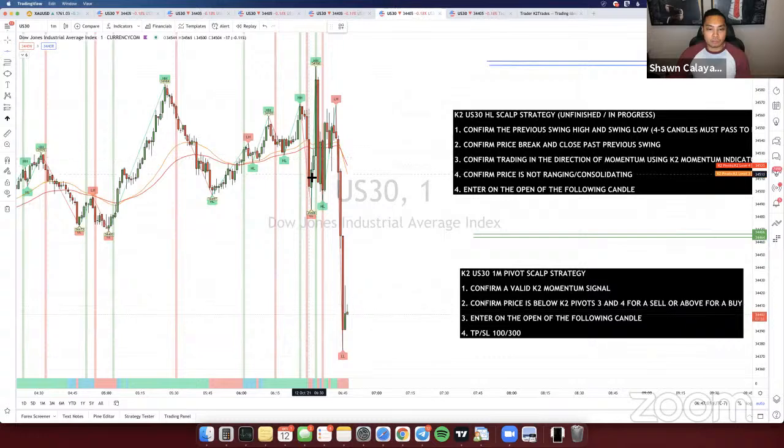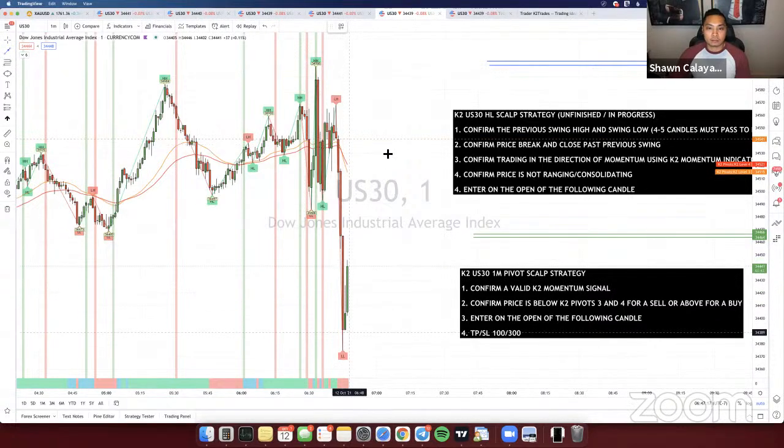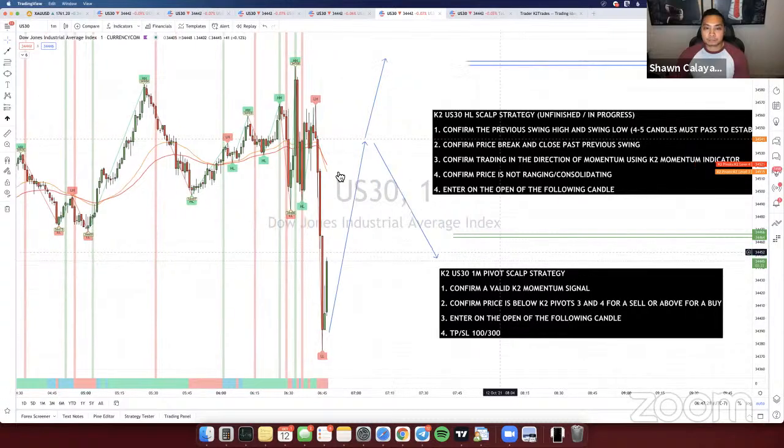So price opened right here at 630. So if anything, price is probably going to come back here, and it's going to come back to entry point. And then once it reaches this point right here, it'll either break above and continue pushing, or it'll drop right here. So two scenarios can come out.